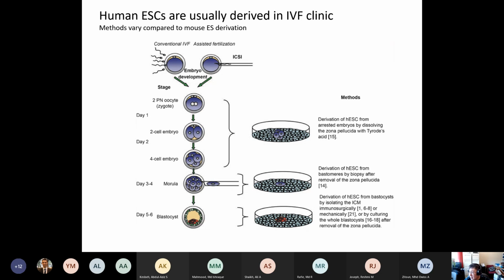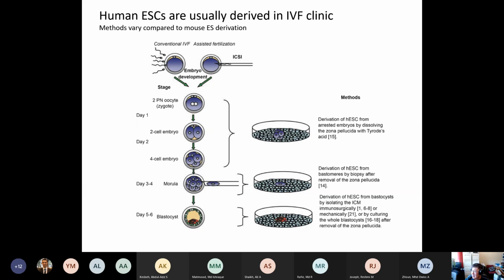I don't know the details. So now you can put the embryo in an incubator. It's going to go through the same process, not in uterus, but in an incubator, in some kind of culture vessel. And then it's going to go through the 2-cell, 4-cell, 8-cell morula stage, and then become blastocyst.